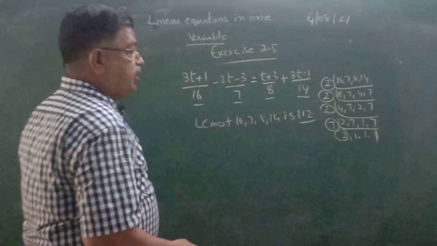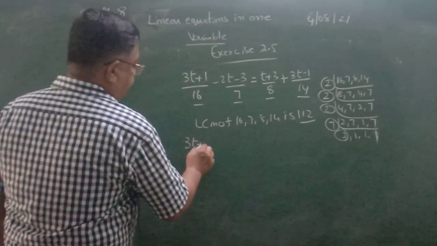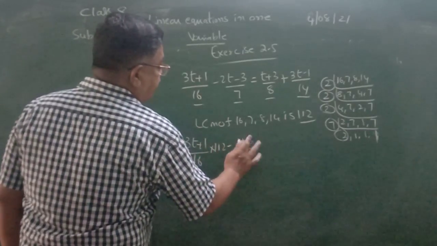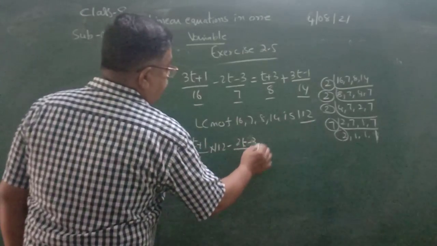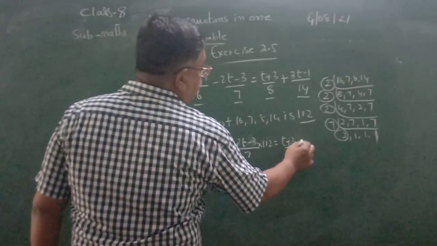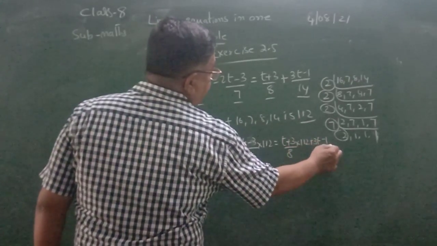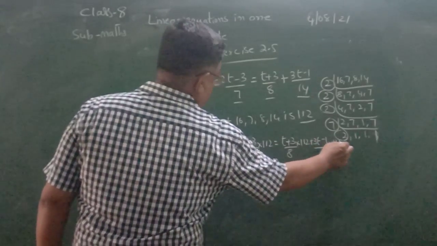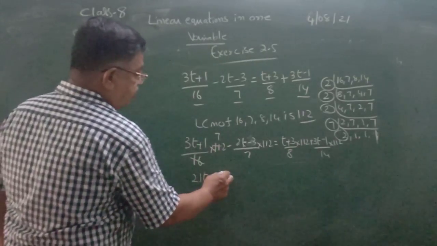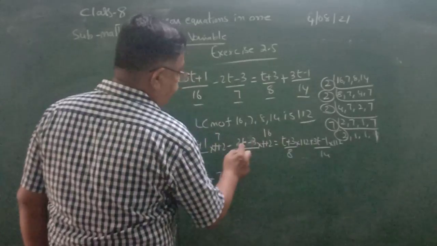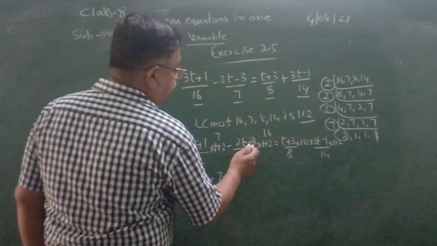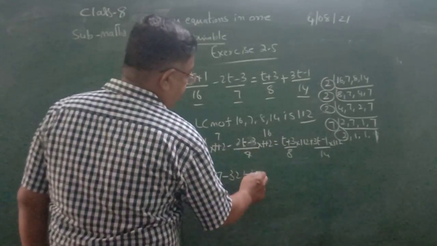With the LCM you multiply each term very carefully. (3t plus 1) by 16 into 112 minus (2t minus 3) by 7 into 112 is equal to (t plus 3) by 8 into 112 plus (3t minus 1) by 14 into 112. 16 1s are 16, 16 7s are 112, 7 into 3t is 21t, 7 into 1 is 7. 7 16s are 112, 16 into 2t is 32t, before the bracket you have minus, so minus 32t, 16 into minus 3 is minus 48, minus of minus is plus 48.